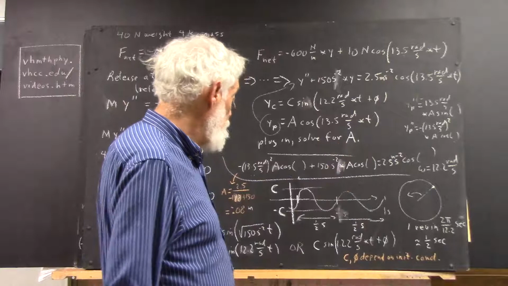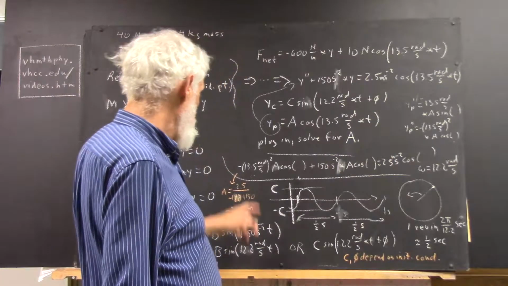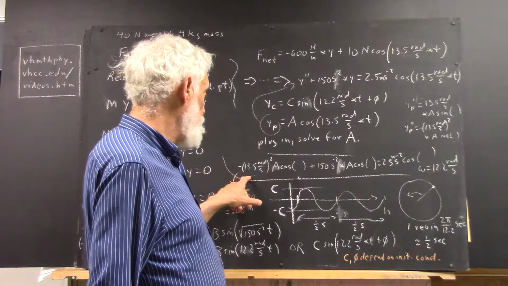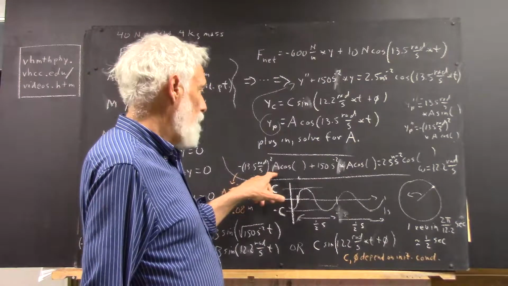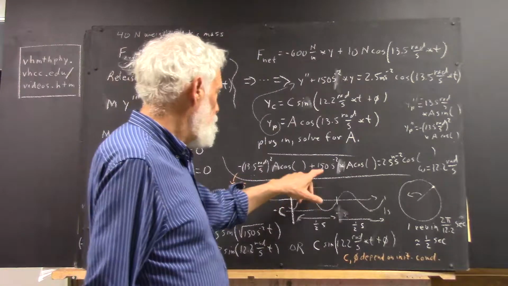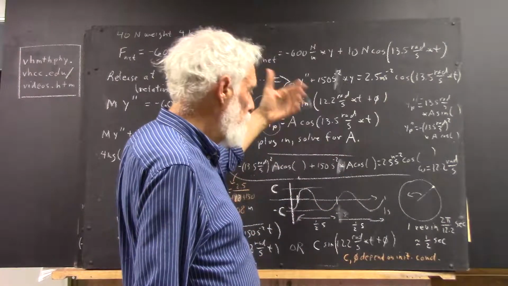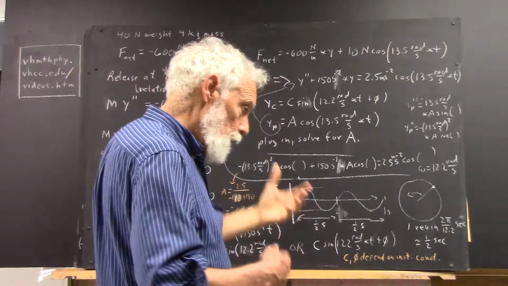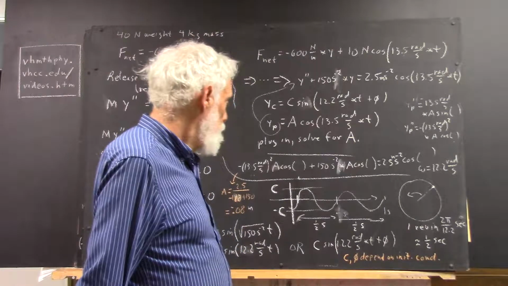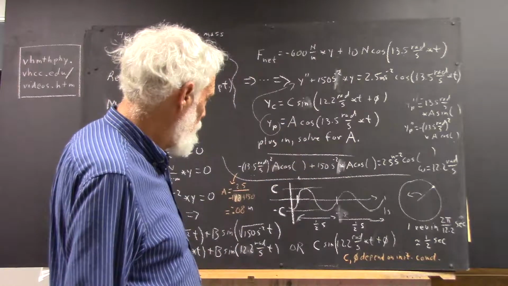And just adding these up, we end up with what? Negative 13.5 radians per second squared times A plus 150 reciprocal seconds squared, which can be written as radians per second squared. Go back to what radians actually mean. You see that you can kind of bring them in and out whenever you need them.